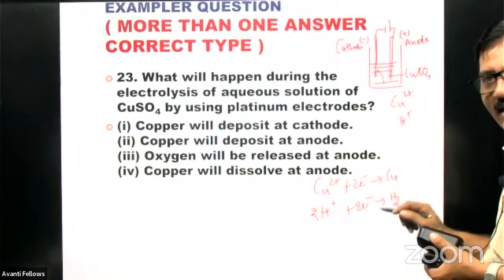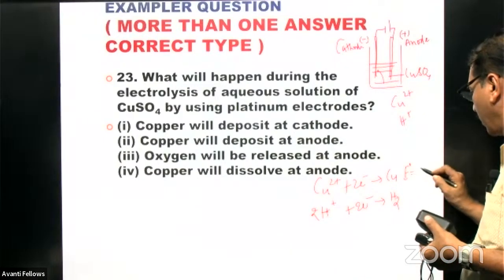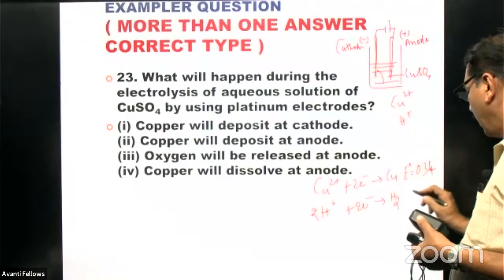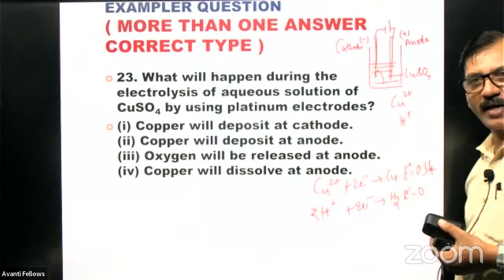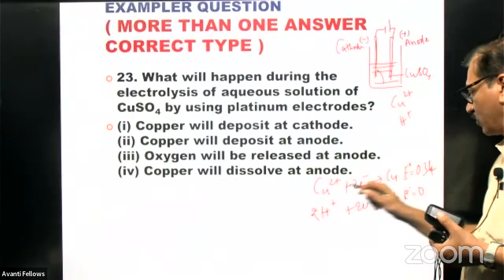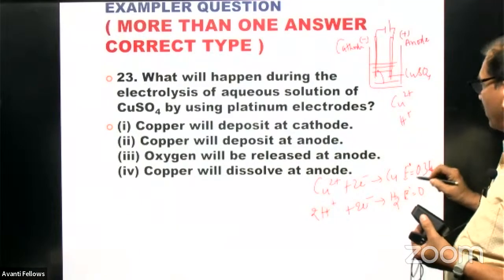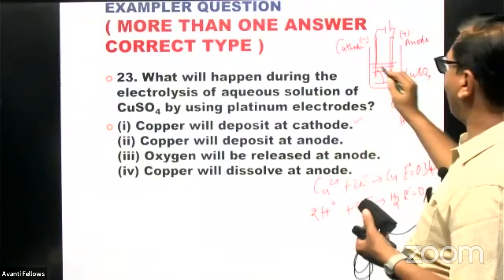Whichever has the greater reduction potential wins. E0 for hydrogen is 0, and the reduction potential of copper is 0.34. This is more, therefore copper should be deposited at the cathode. This is right.